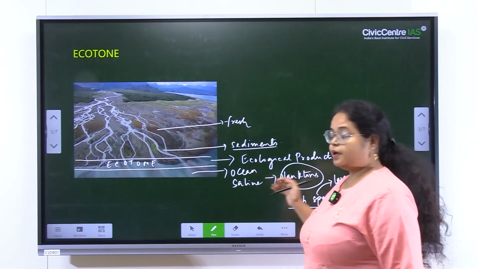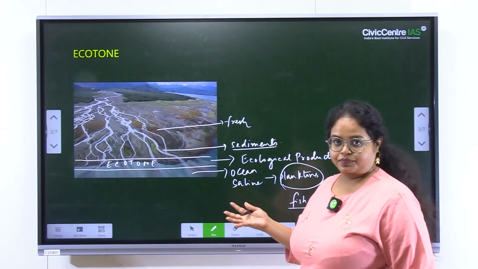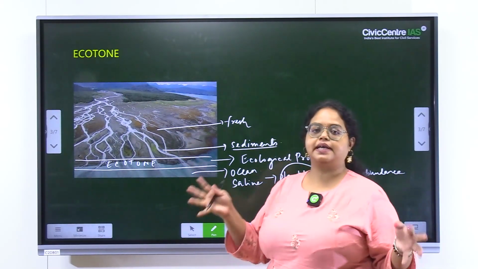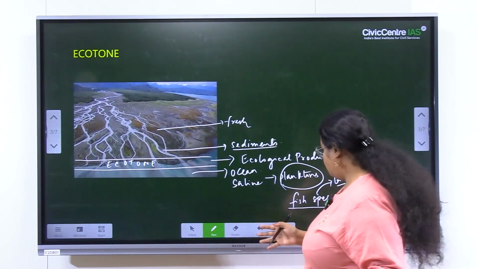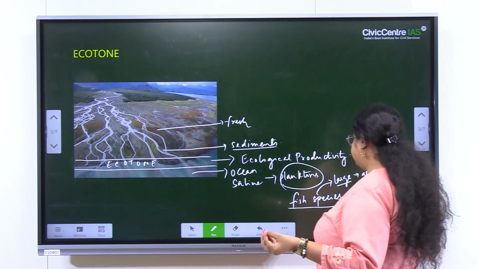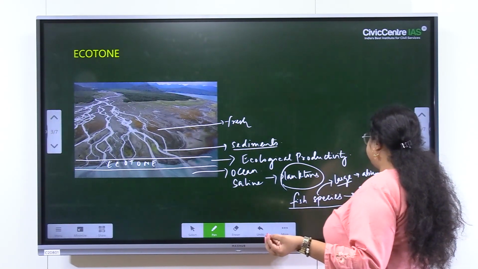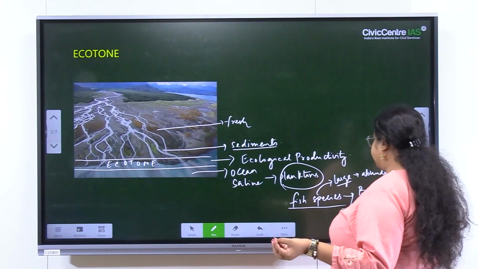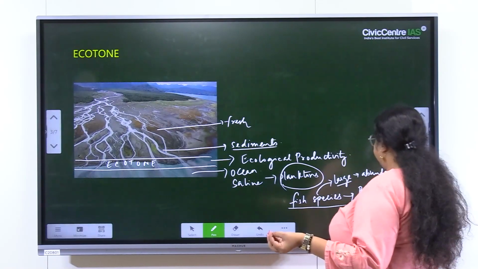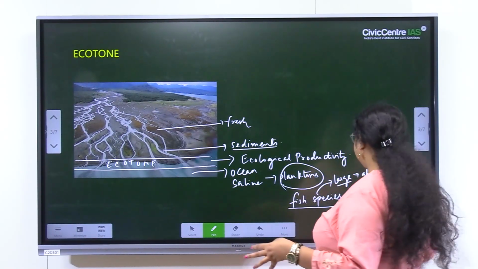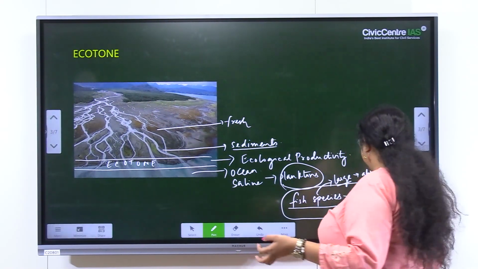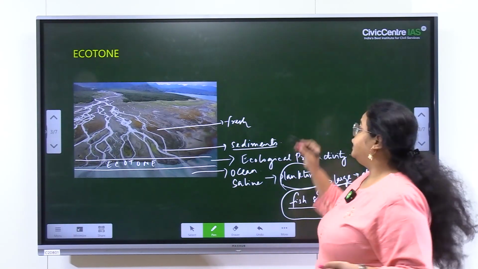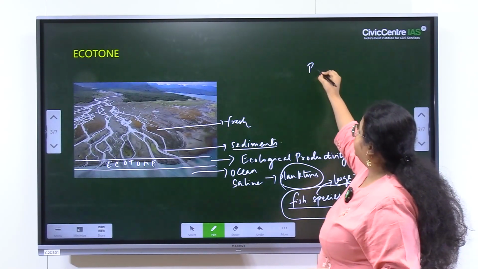Here we are talking about population density. More species come here for food, and for the fish you can find some birds coming, and some kinds of snakes that feed on fish and amphibians. So here we can see that this ecosystem is also rich in biodiversity.